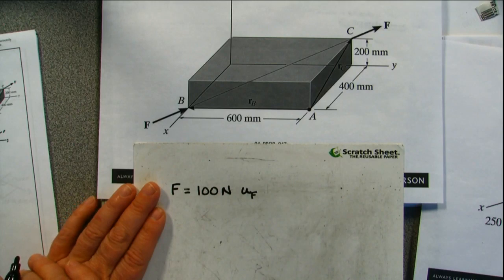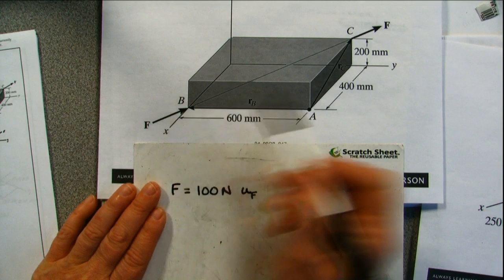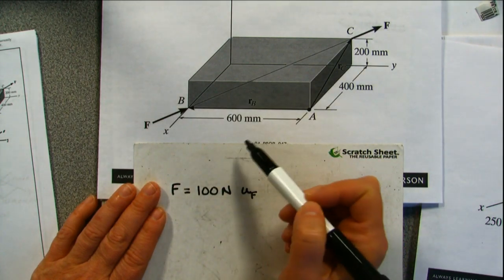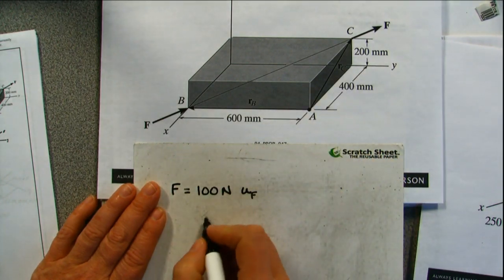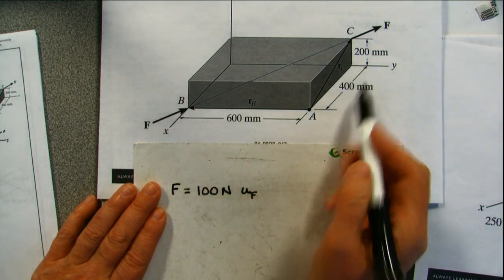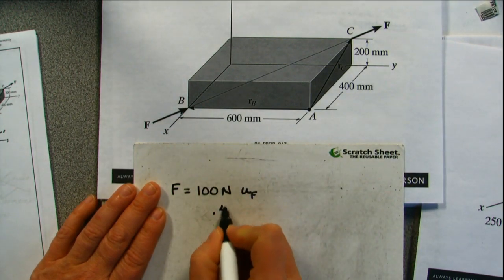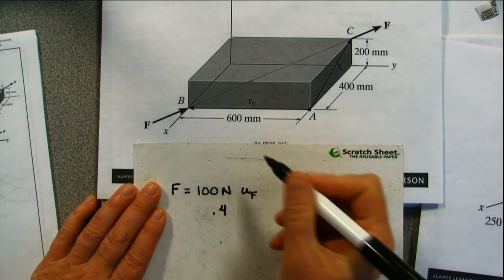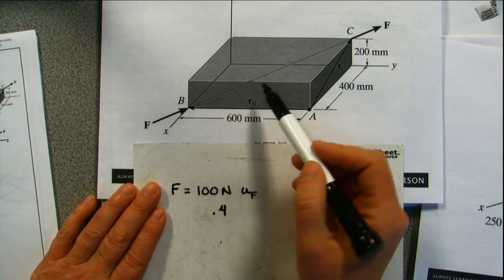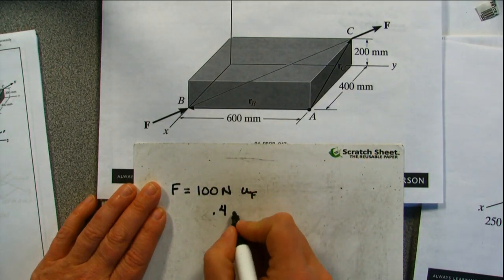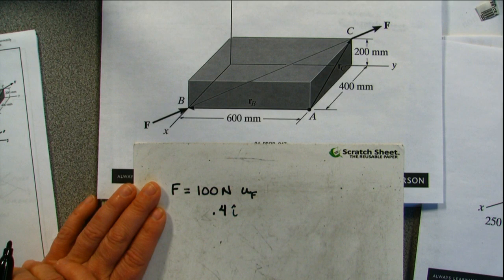If I'm drawing my unit vector, I've got to look at my x, my y, and my z. My x is 0.4 in the i direction, but look at the direction of the arrow.